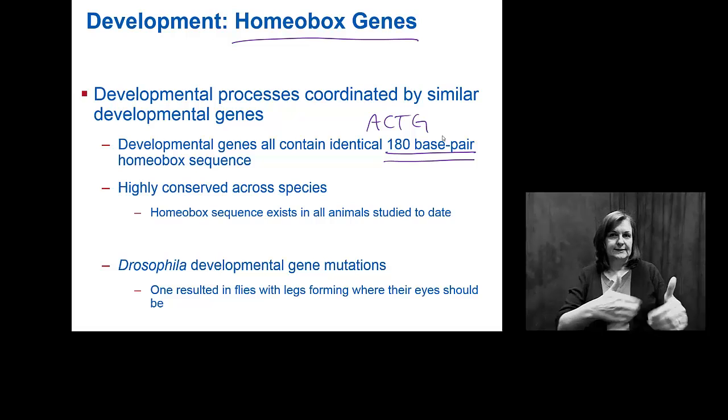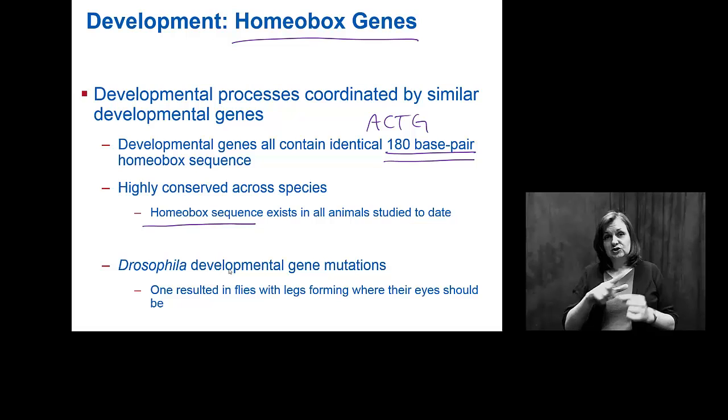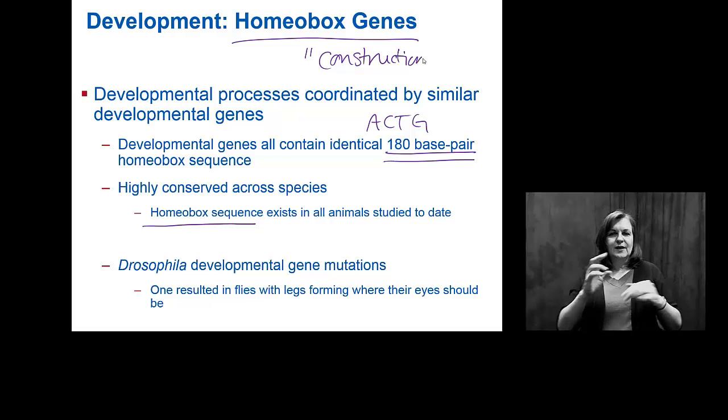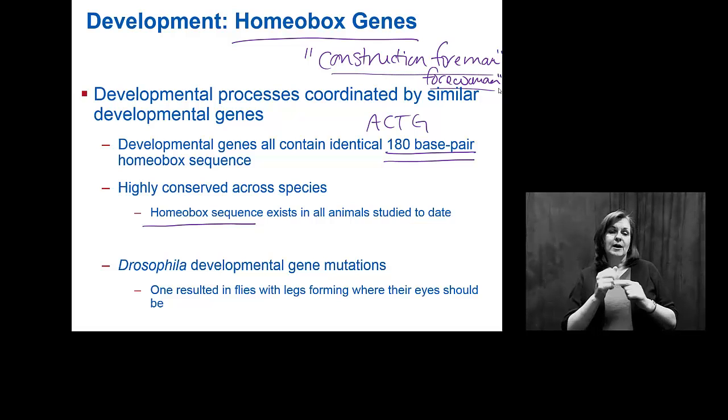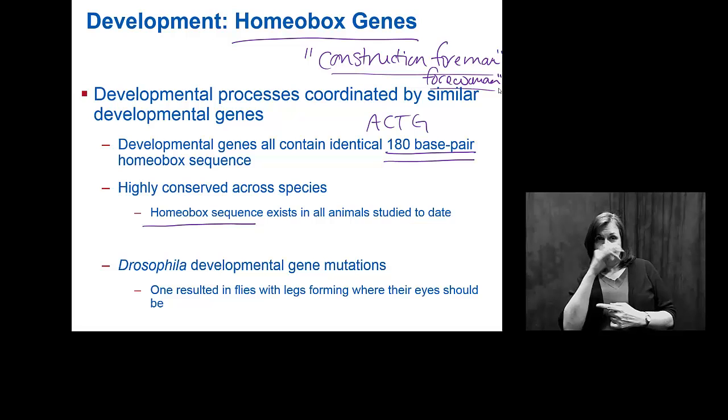So essentially, when we look at a homeobox gene or a homeobox sequence, we're actually looking at the construction foreman. Or forewoman if you prefer. Okay? What we're looking at is the person in charge, right? When we talk about somebody like a construction foreman or forewoman, we're looking at someone in charge.